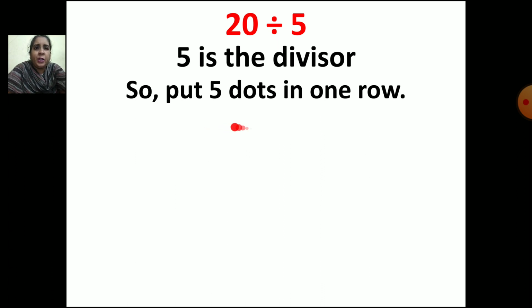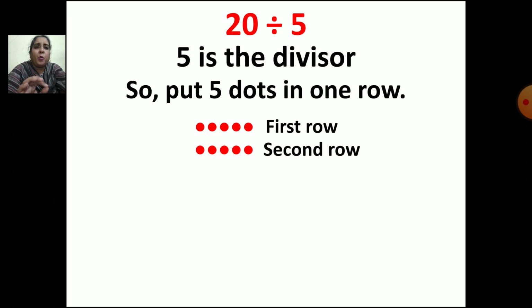So what will we do? Now count the number of dots you have put in one row. First row 1, 2, 3, 4, 5. You have to put only 5 dots, right? First row 5 dots. Now let us see the second row. Again count the number of dots and put 1, 2, 3, 4, 5.